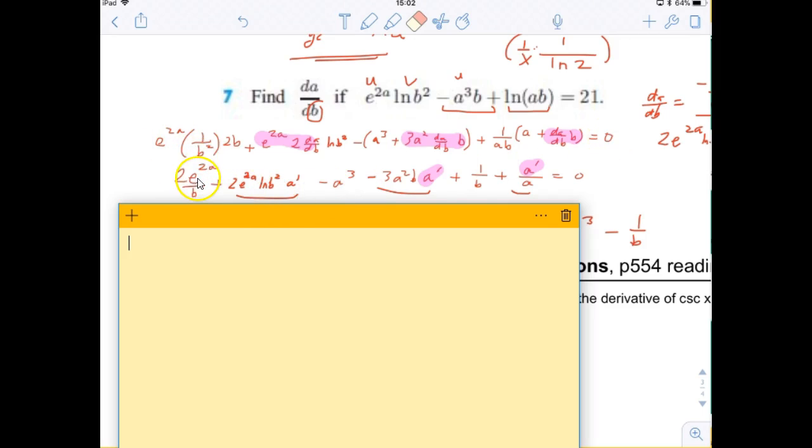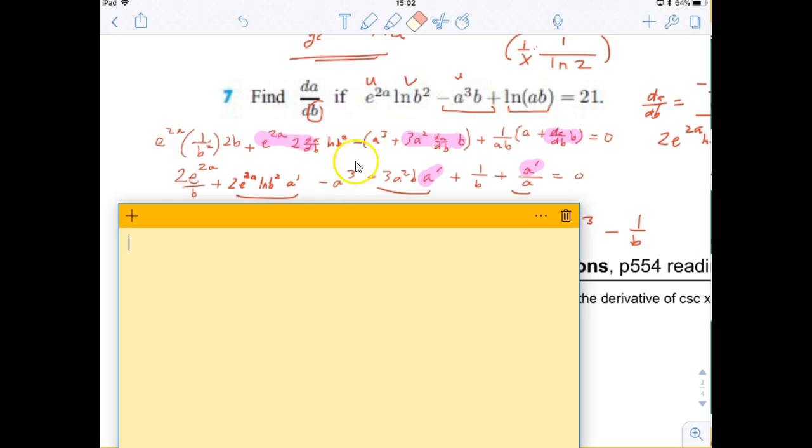Next thing I'm going to do is simplify some of these expressions. For example, this expression here, I multiply everything together. I end up with 2 e to the 2a divided by just b, because the b squared cancels out with the b and leaves just 1b on the bottom. This one here, I put the 2 out front. This goes second. Then I put natural log of b squared third, and then I put da/db, which I abbreviate as a dash here.